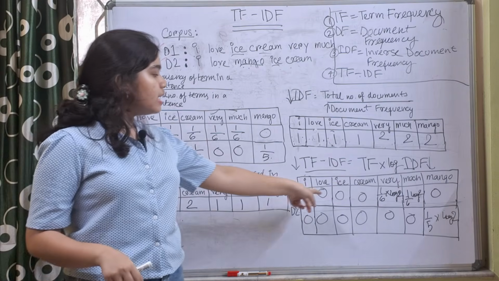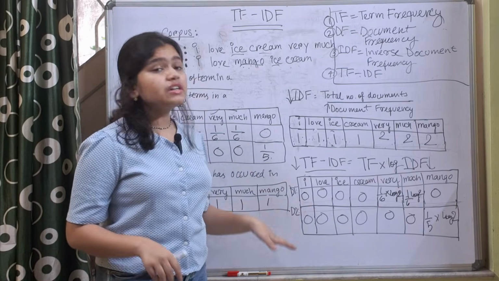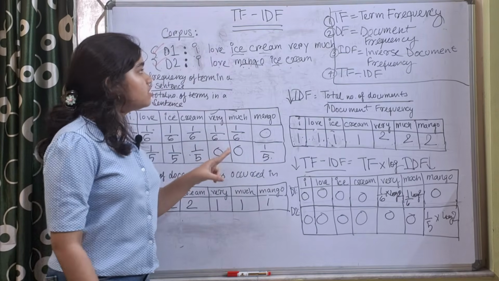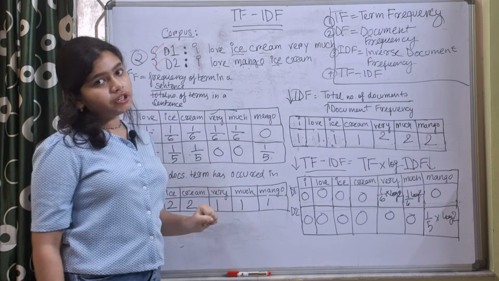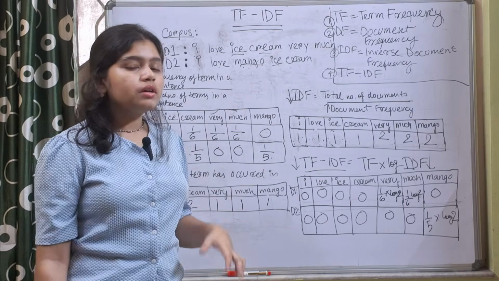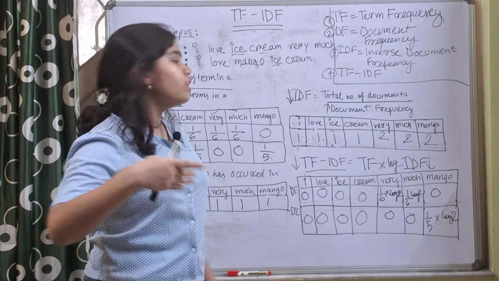So you can see that "I", "love", "ice", "cream" and "mango" have low weightage in document 1, but "very" and "much" are very distinct words and do not appear in document 2, so they have more weightage. So the ML models will pay more attention to them.